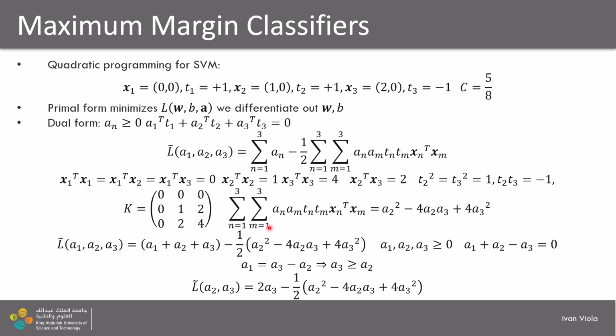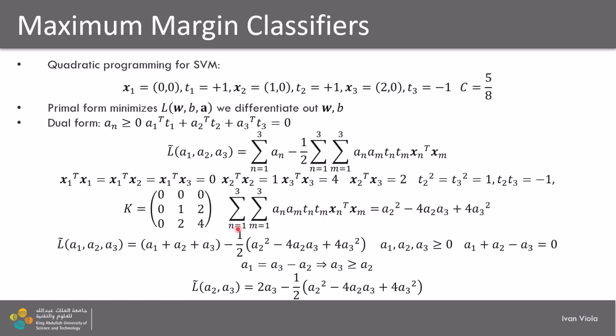If m is 2 and n is also 2, then we have a2 times a2, and this is t2 times t2, so t2 squared, which is 1, times the dot product here, which is 1, so that gives us the a2 squared term.